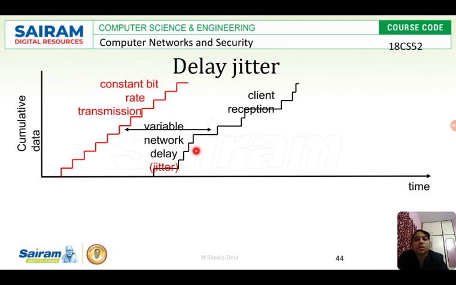All these consecutive packets are received by the receiver with a delay of 1 millisecond, but if you take this packet, we find it enters the receiver only after 3 milliseconds. So this variation in the delay between the consecutive packets is nothing but jitter. Here, the difference between the first and the second packet delay is 2, and the difference between these packets and this packet is 4, which is called jitter.